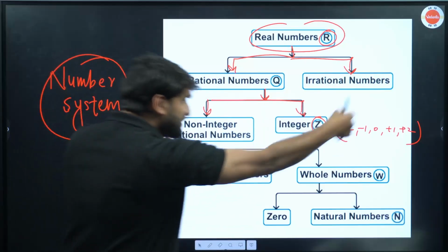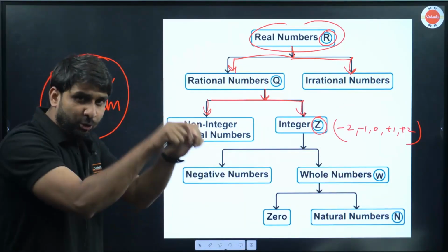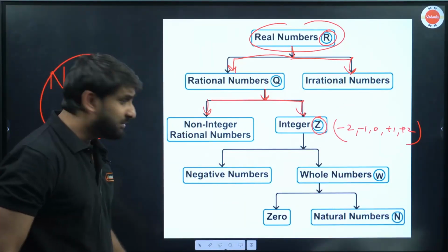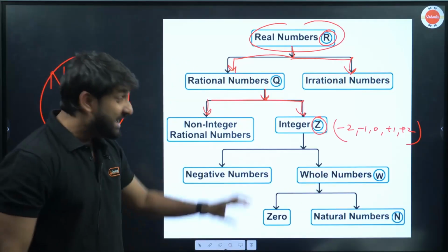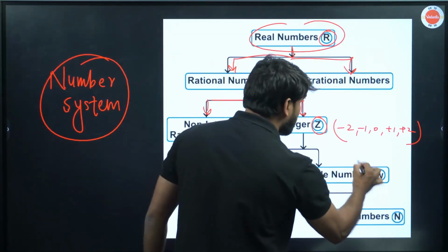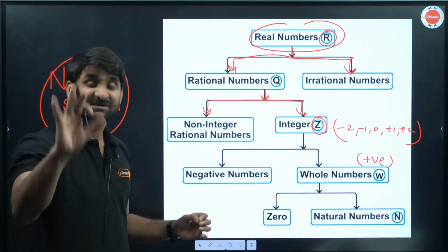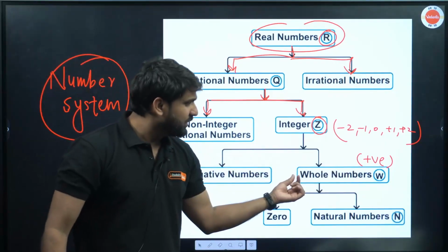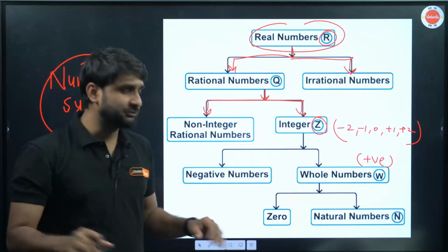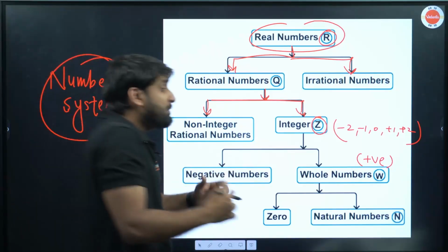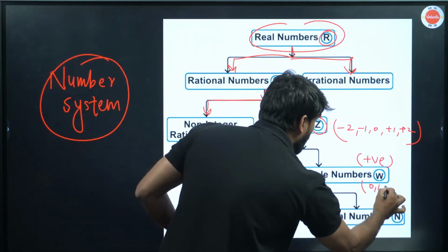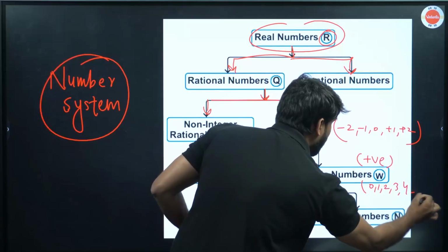Now integers are again divided into two branches: negative numbers and positive numbers, and all whole numbers are non-negative. Just have patience, I'll give you the information about whole numbers also. My dear champion, whole numbers are 0, 1, 2, 3 and so on.